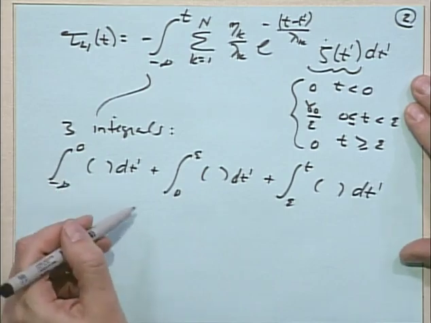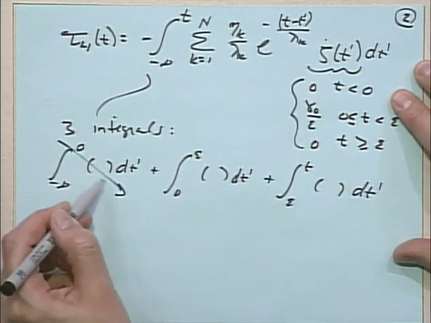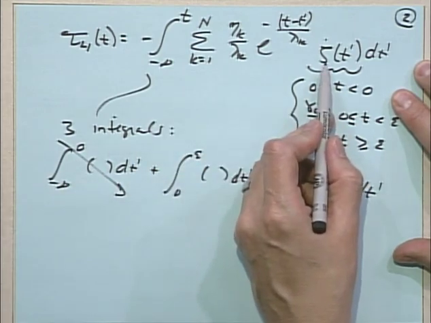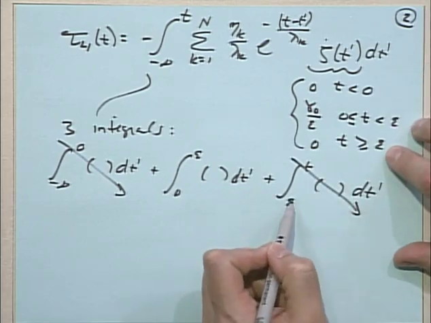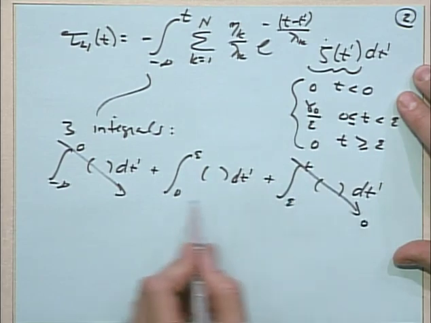So of course these two are 0. Okay? For t less than 0, whatever is in this parentheses is multiplied by sigma dot, and that's 0. And up here, when t is greater than epsilon, it's also multiplied by 0.